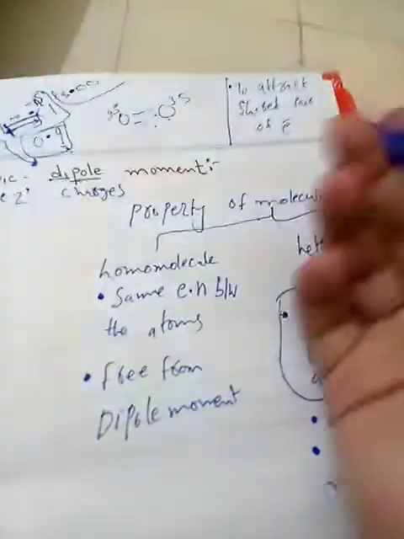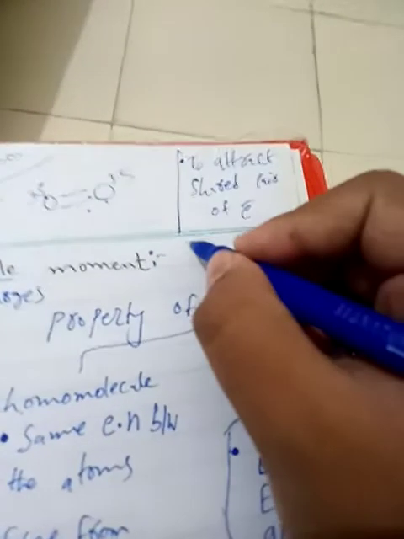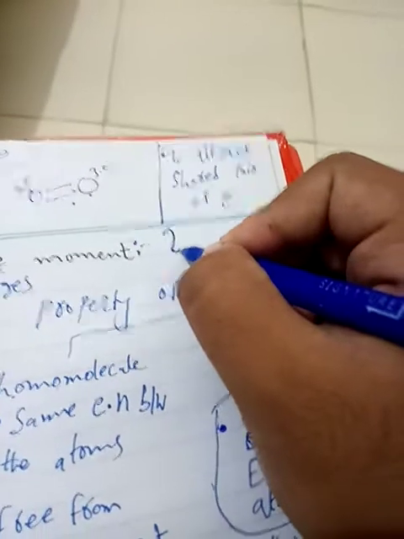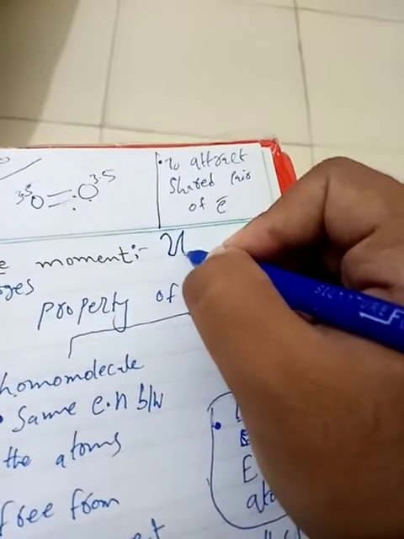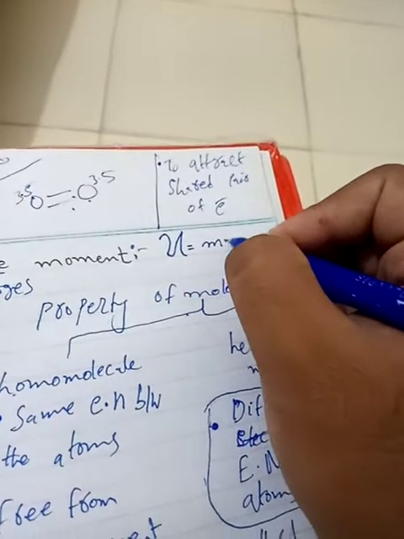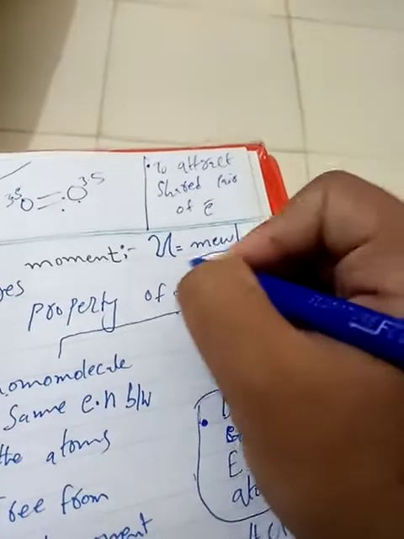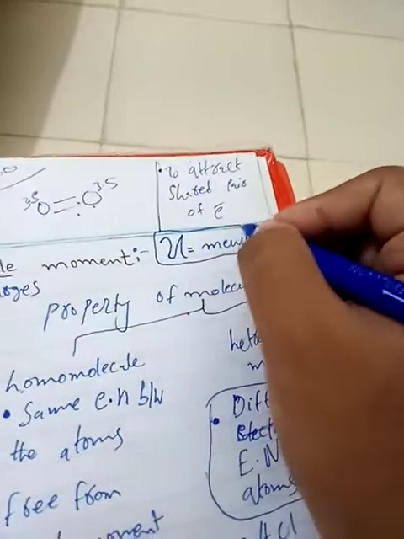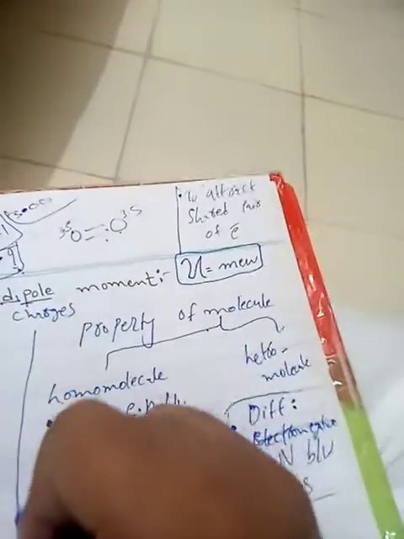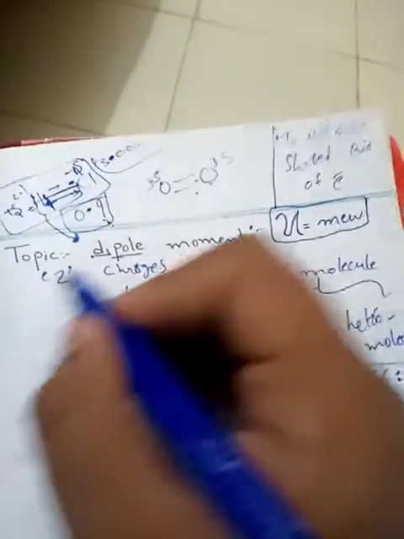And let's talk about how the dipole moment can be represented. There is a special sign for dipole moment, which is mu. So dipole moment is simply represented by mu. Now let's look at the key points for dipole moment.